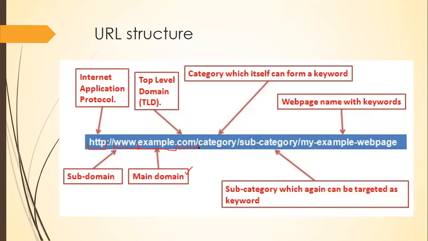And then you will have a category. The main category, like if you think about rajagiri.edu, you might have many categories like admission, academics, examinations. All those first level divisions, you call category. Those usually form something called a keyword. And then in category, you might have something called subcategory.